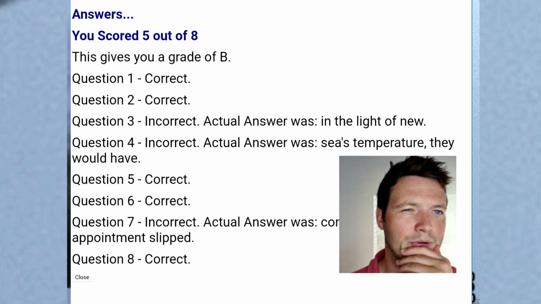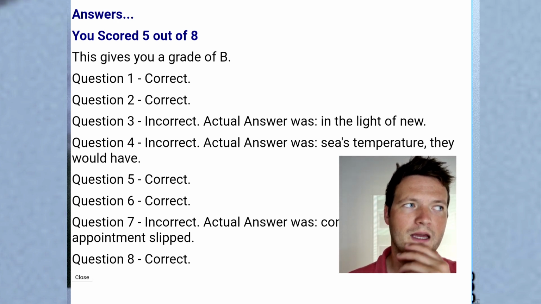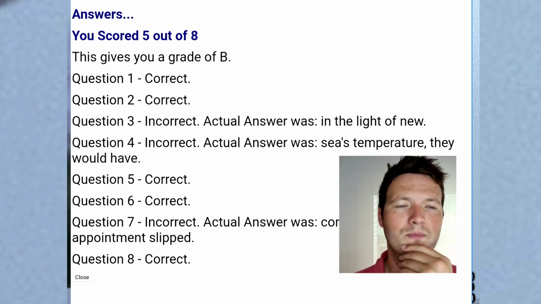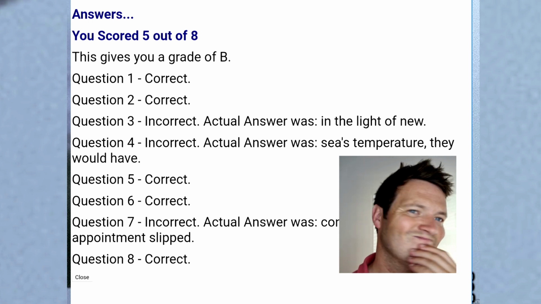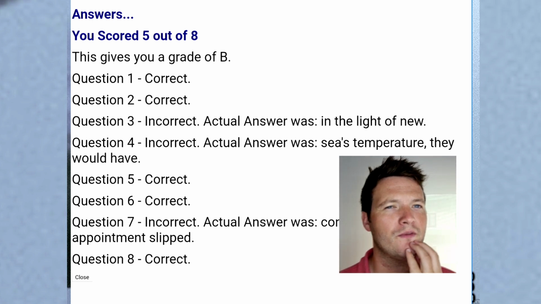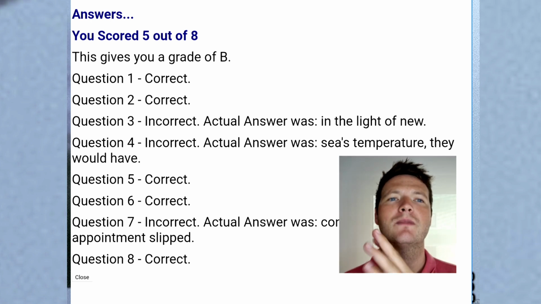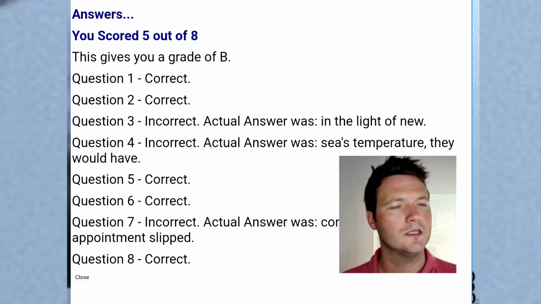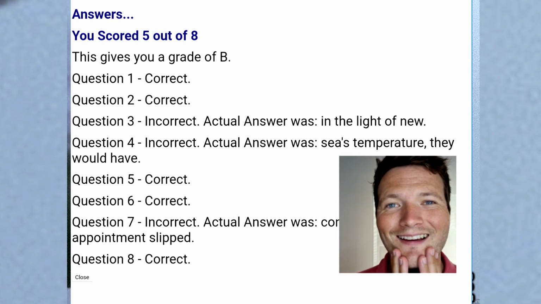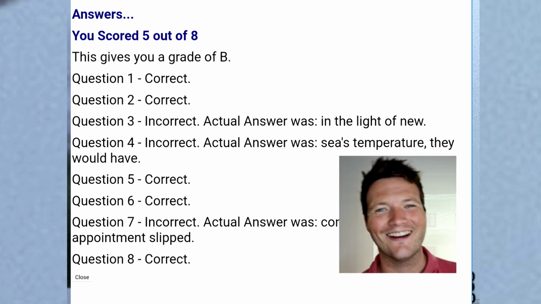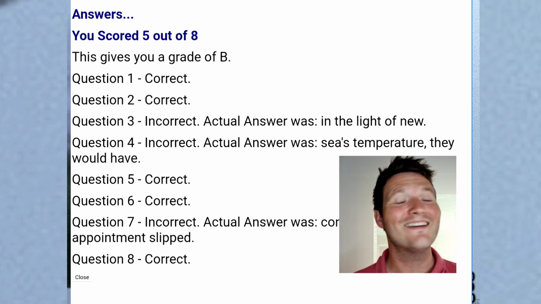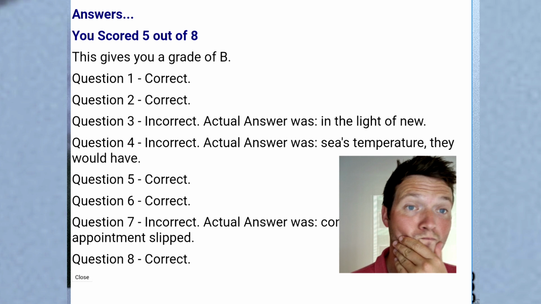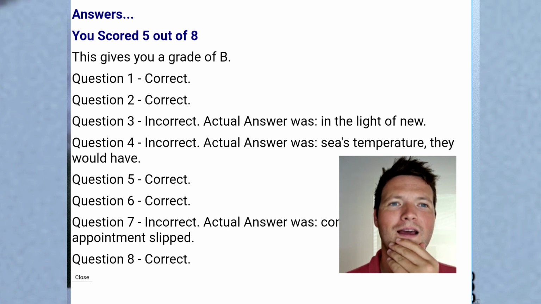And I would say the new evidence, because there is a specific piece of evidence that has come up. I would be very surprised if in the official answers for the exam they didn't allow in light of and the new evidence. I'm pretty certain that they would. So, again, I think I got it right. If anyone can disprove it, please go ahead and leave a comment telling me how terrible I am.